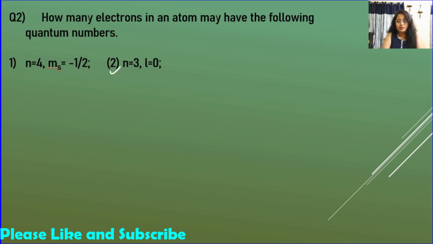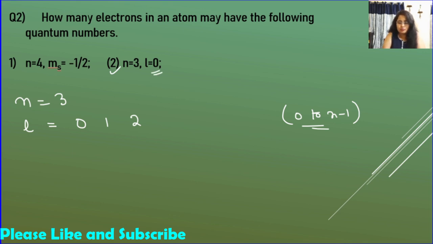The second part of this question is the same: n is equal to 3 and L is equal to 0. So n is equal to 3. What are the possible values of L? L should be 0, then 1 and 2, because it ranges from 0 to n minus 1. We are putting this formula: 0 to 3 minus 1 means 2. 0 to 2 will go. Now they are telling L is equal to 0. How many electrons?